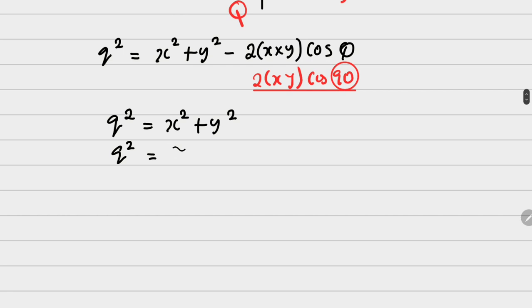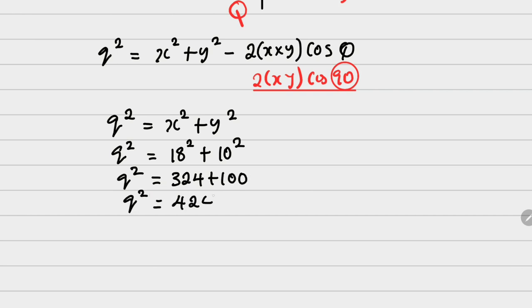Now this is going to be 18 squared plus 10 squared. So q squared is going to be 324 plus 100. Q squared is going to be 424.